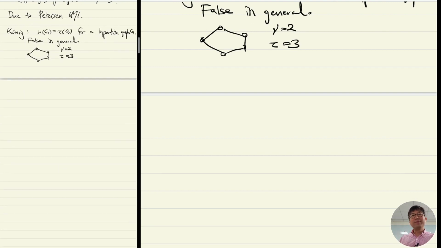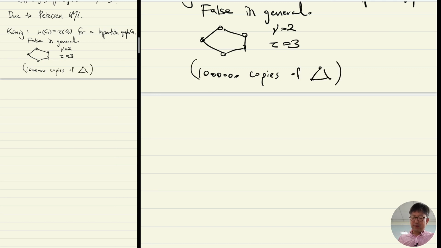You have a graph where nu is way smaller than tau. You have many copies of, let's say, a triangle. In this graph, nu is the number of triangles and tau is twice the number of triangles. So the gap is arbitrary.